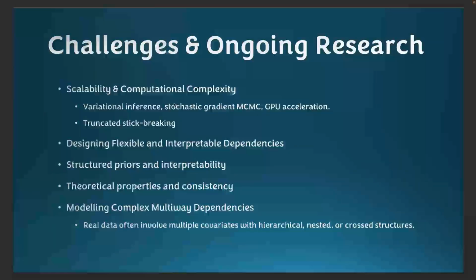Then obviously there are still theoretical properties, such as consistency of this type of construction, that can be investigated. And nowadays, with the increasing availability of complex data, like for example multi-view data, different hierarchical constructions can be investigated to accommodate this new type of data.